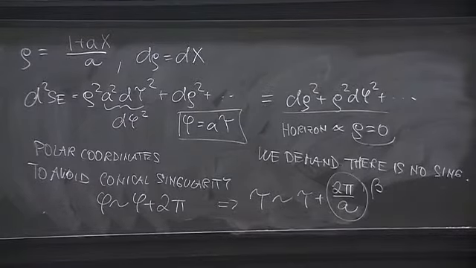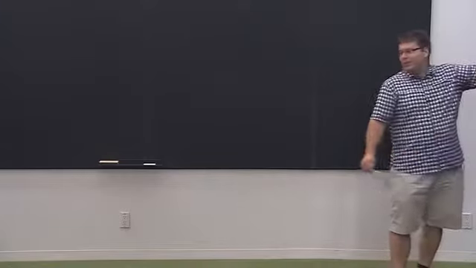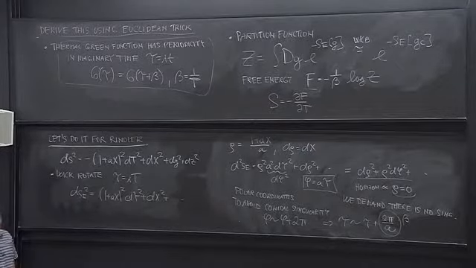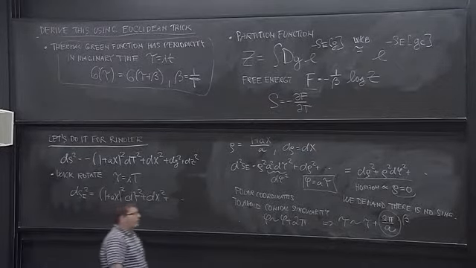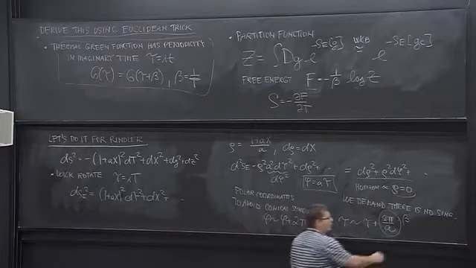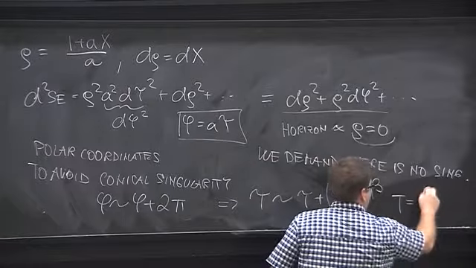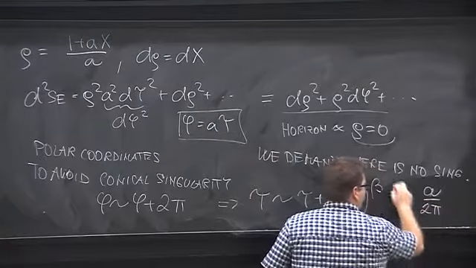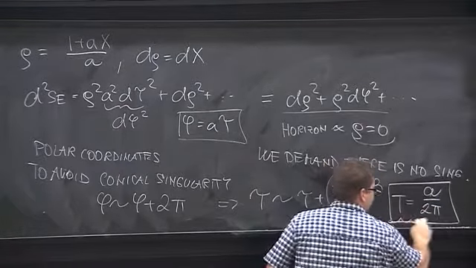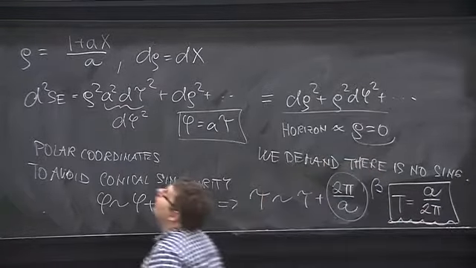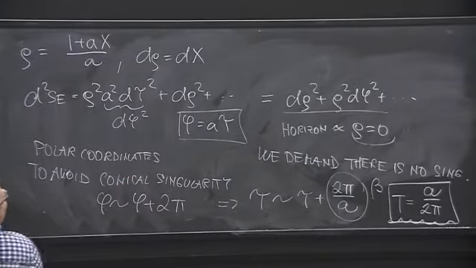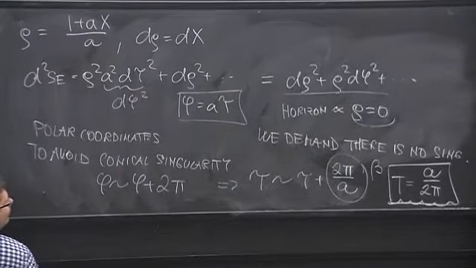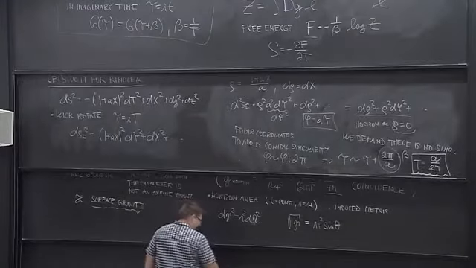In other words, we just derived that this spacetime, the Rindler spacetime, is actually thermal spacetime with the temperature 1 over beta, which is equal to 1 over 2 pi over a.